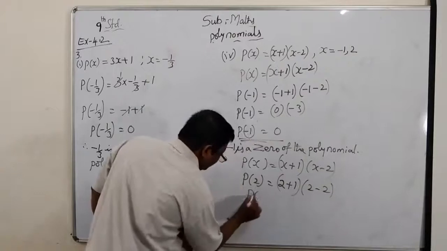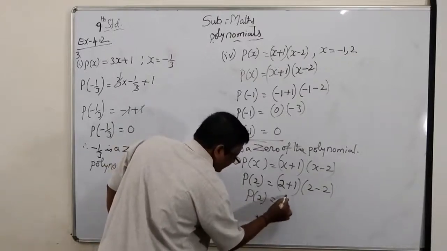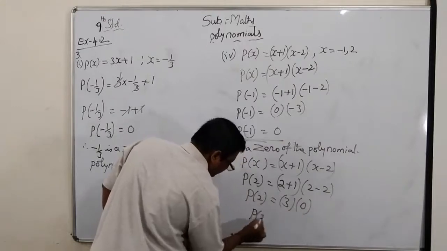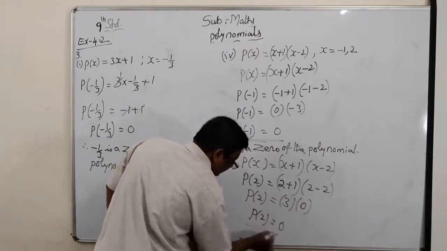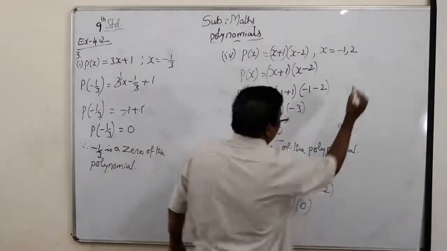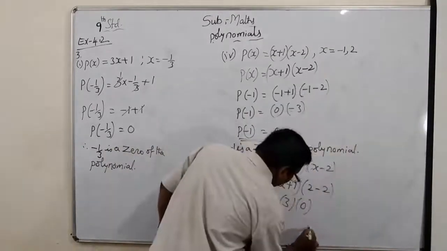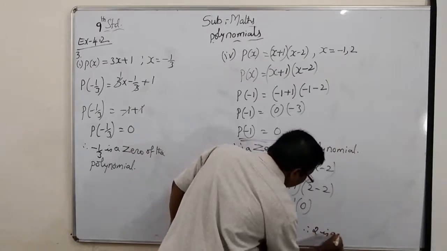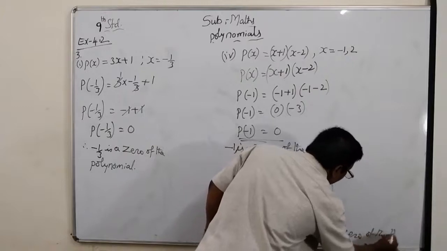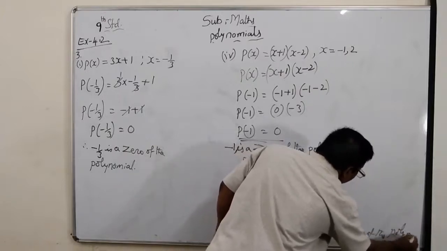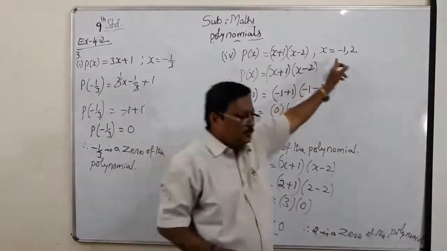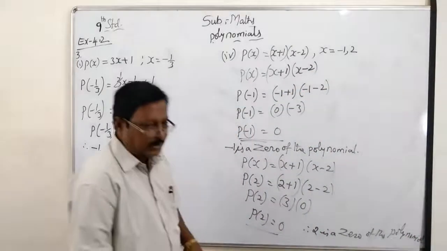Here it is 3, and 2 minus 2 is 0, and 0 into any number is 0. So p of 2 is equal to 0. Therefore 2 is a zero of the polynomial. Both minus 1 and 2 are zeros of the polynomial.